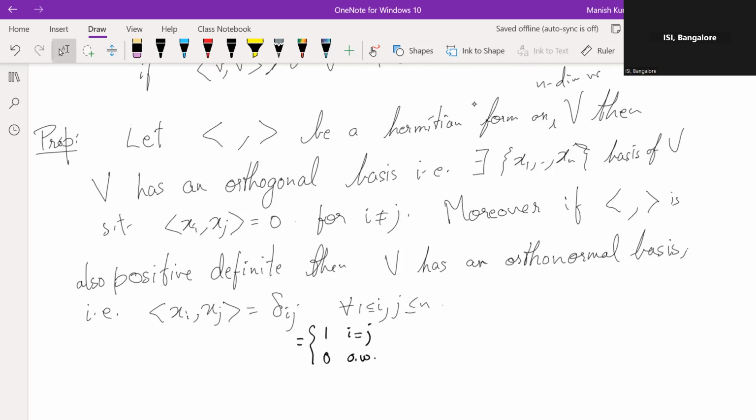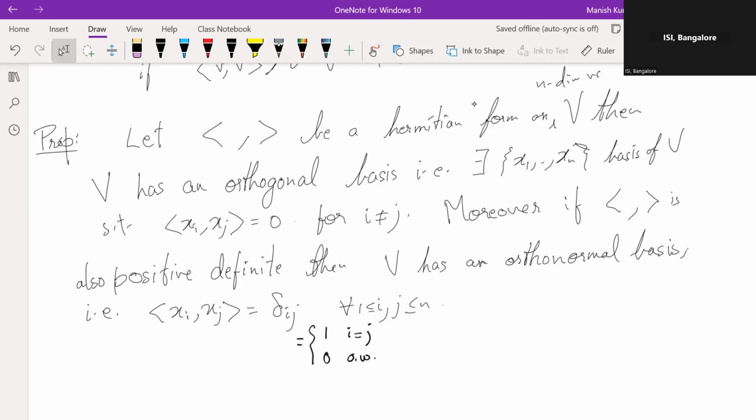Is that fine, everyone? The proof of this is exactly the same as we did. It's the longest proof, so I don't want to redo it. If this form is 0, then the matrix is the 0 matrix, so no matter which basis you take, it will be an orthogonal basis.